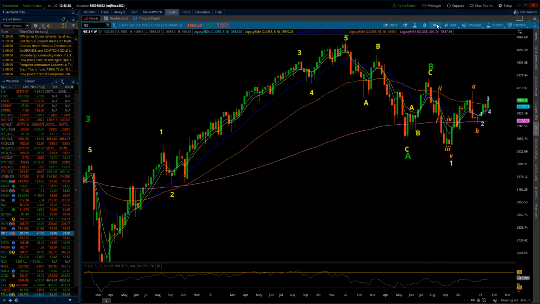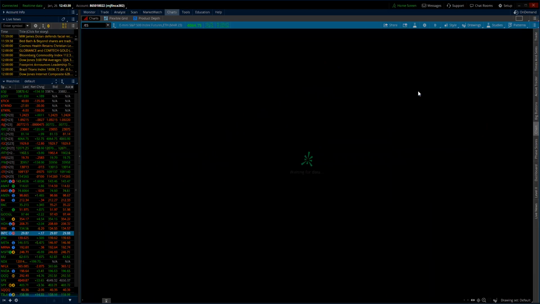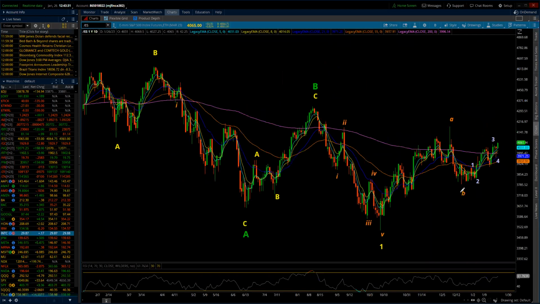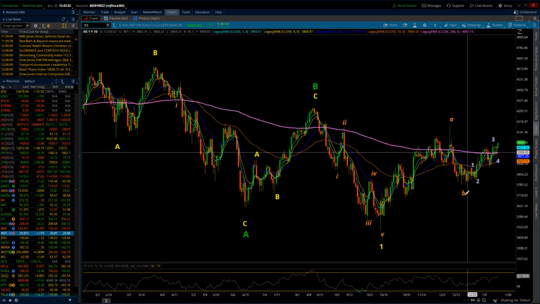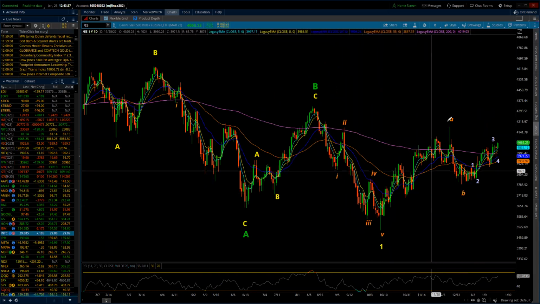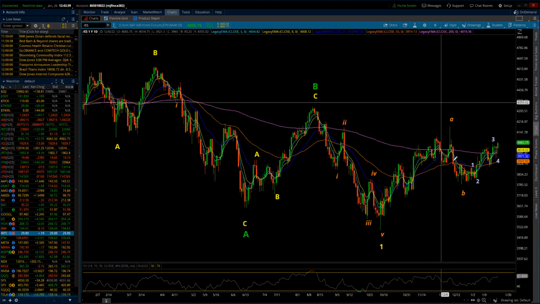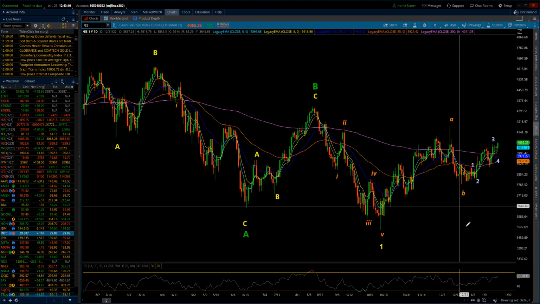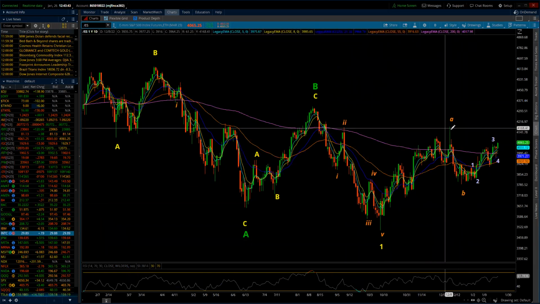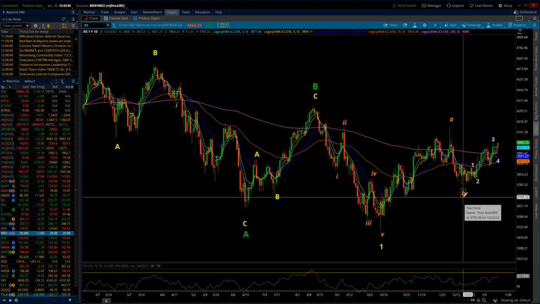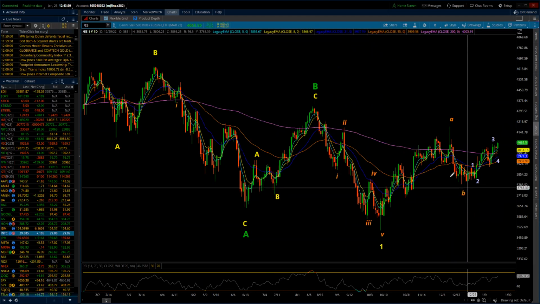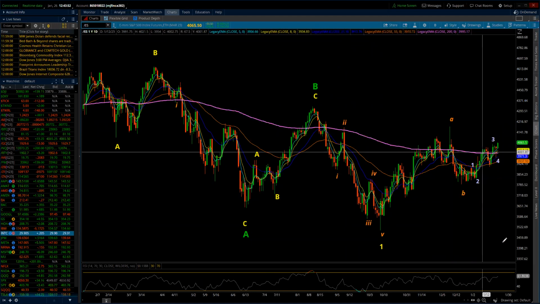Now, what would be inside that intermediate 3rd wave would be 5 waves of minor degree. So if this was intermediate wave 2, this should have 5 waves of minor degree. And I held that pretty cleanly for as long as I could. I had alternate counts, but my preferred count continued to show that we should drop off the cliff and start to go down.